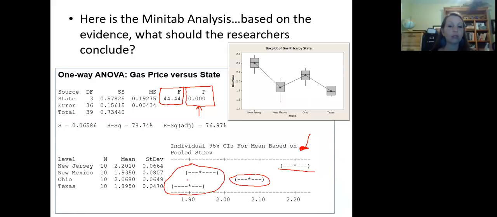So I'd say that we do not have evidence that they are different from each other, and they're both the cheapest ones. So basically you would just say: New Jersey's the most, Ohio's second most expensive, Texas and New Mexico are the cheapest, and they don't appear to be different from each other, or at least we don't have evidence of a difference.